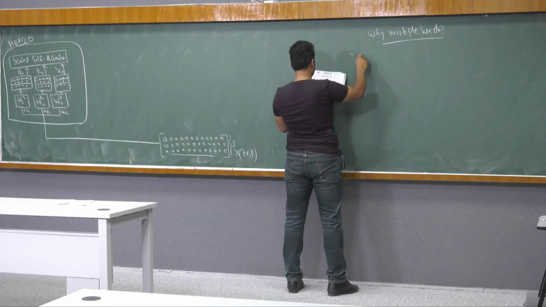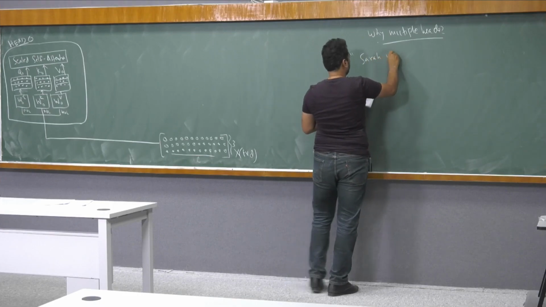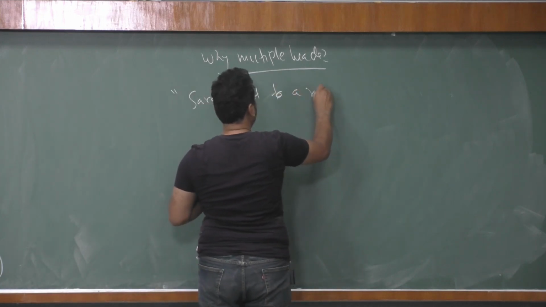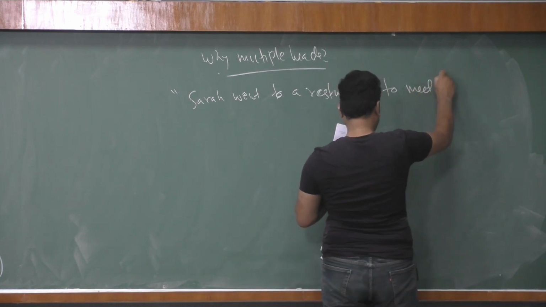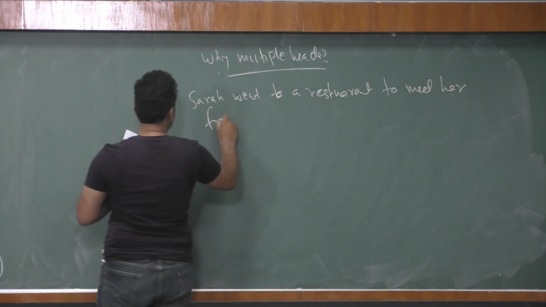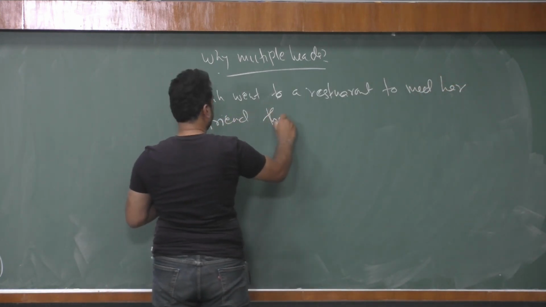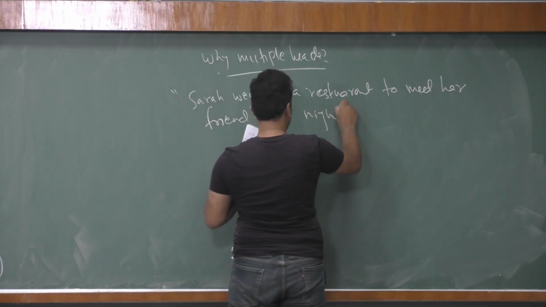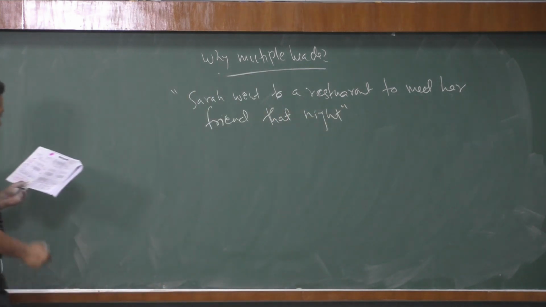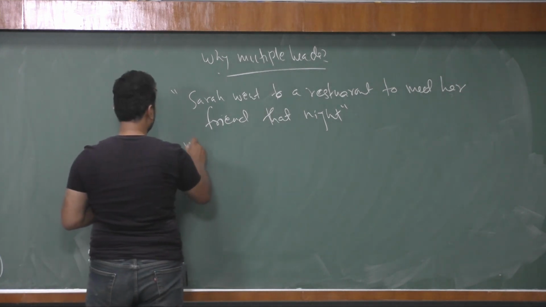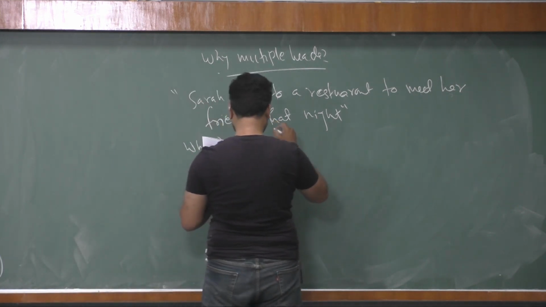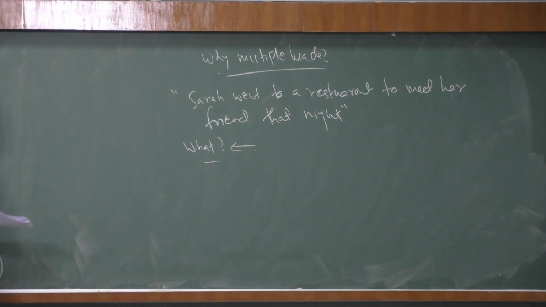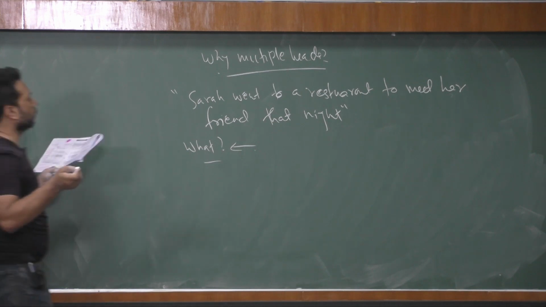One of the motivations is, let us say, this sentence: Sarah went to a restaurant to meet her friend that night. There are many contexts going on here. Self attention focuses only on one of the aspects. If I use only one head, then it may focus on only one of the contexts.